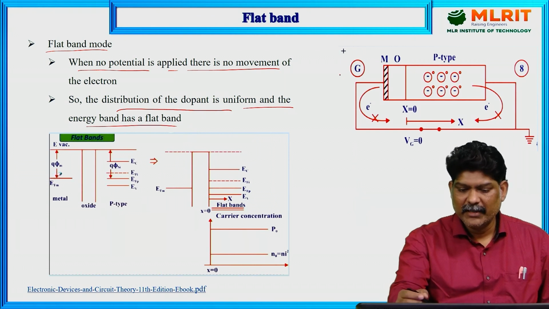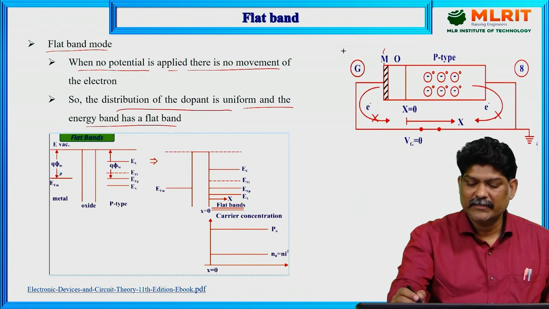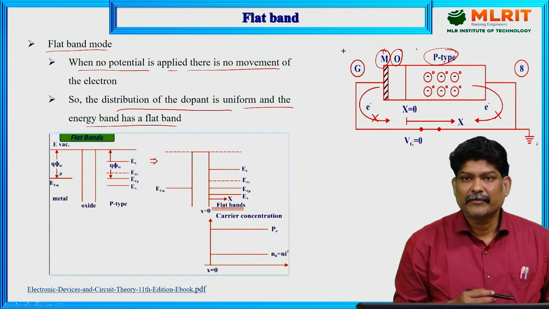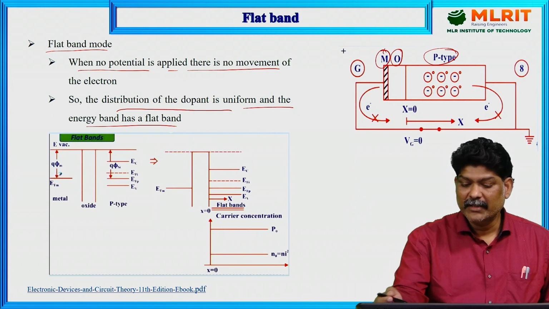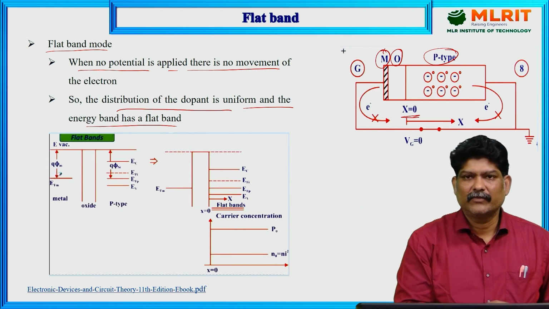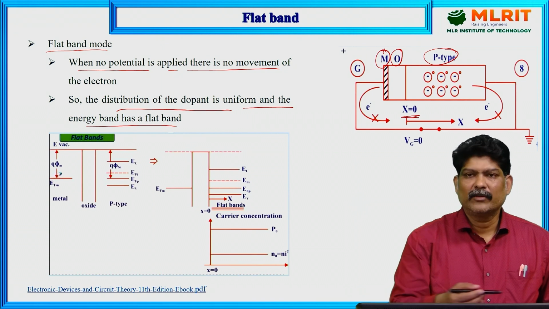See here, it is a 3 layer structure. The first layer is the metal layer, this is the oxide layer, then the p-type semiconducting material layer. Here x equals 0. At this point there is no external voltage, so there is no movement of electrons.